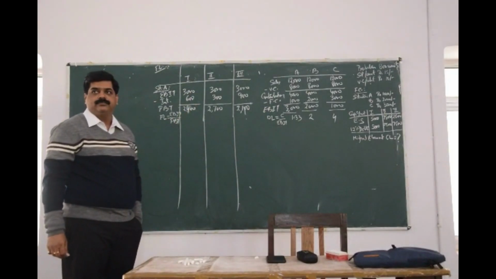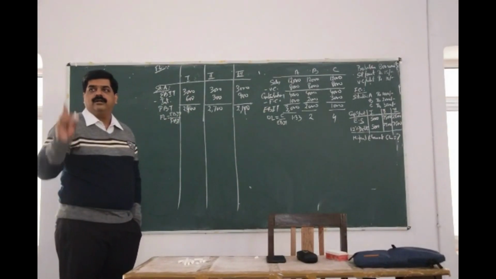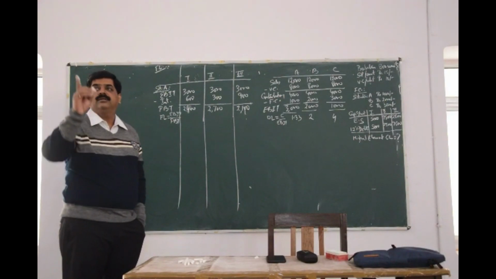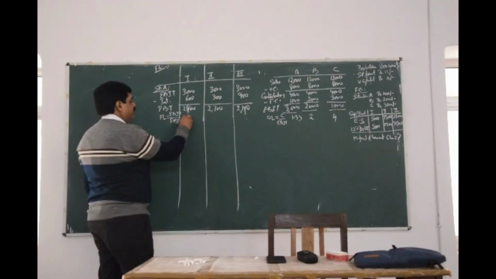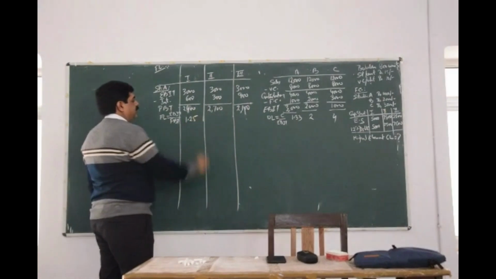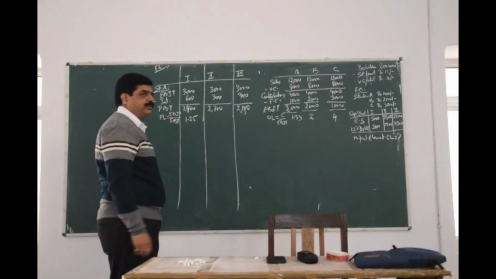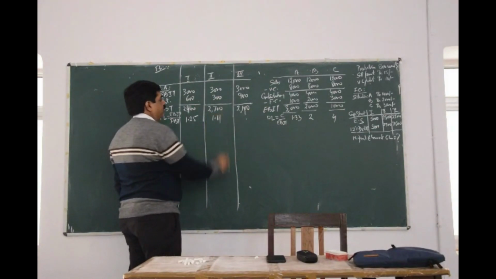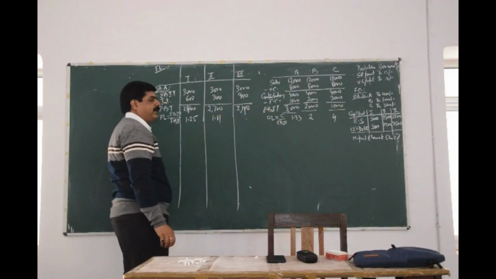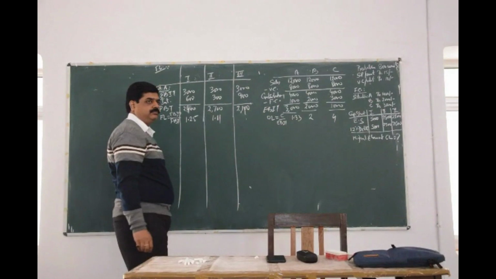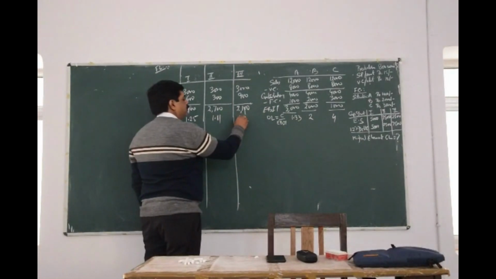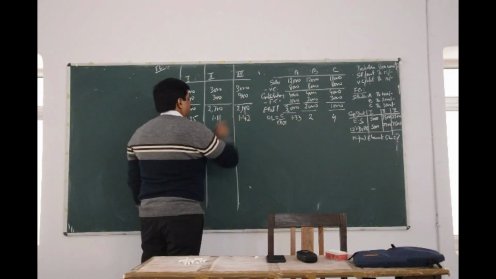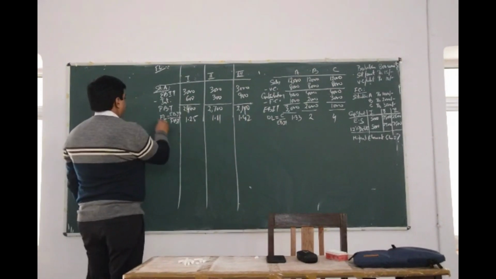How much? 1.25. 3,000 divided by 2,700, 1.11. And 3,000 divided by 2,100, 1.42. Right. This is over.